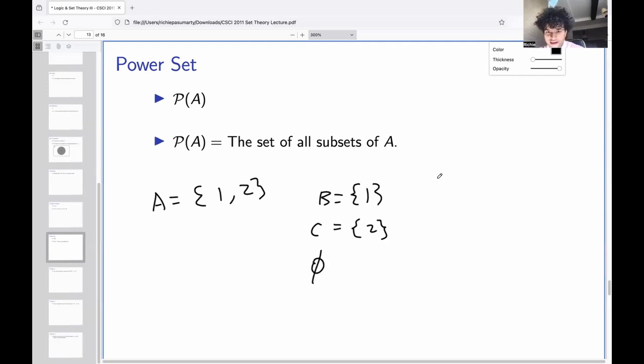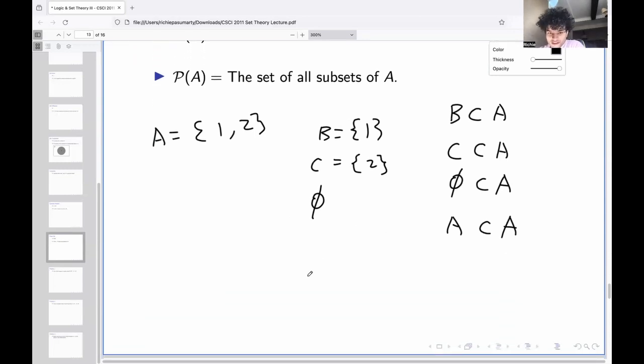So I can say, for example, that B is a subset of A because it includes elements which are found in A only. I can say that C is a subset of A. I can say that the empty set is a subset of A. And I can say that A itself is a subset of A.